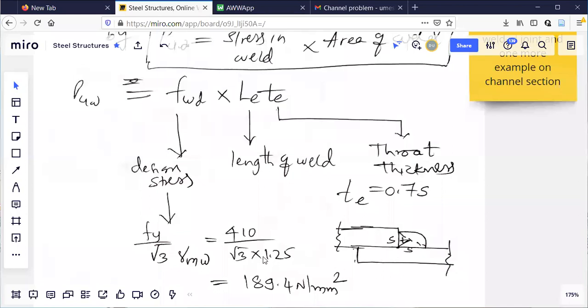So if the problem says welding is done at the site, you should not use 1.25; use 1.5, because the perfection level is less at the site.